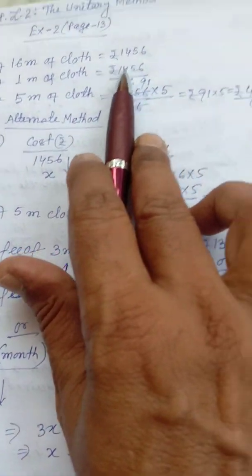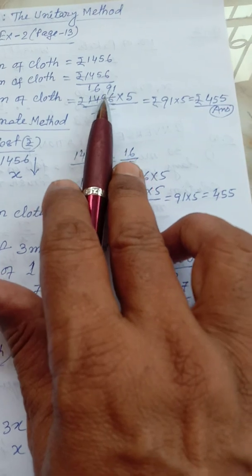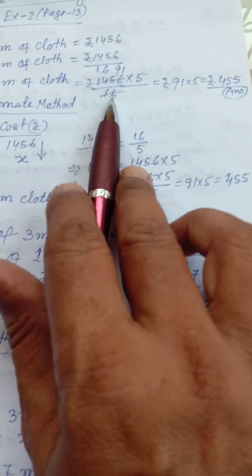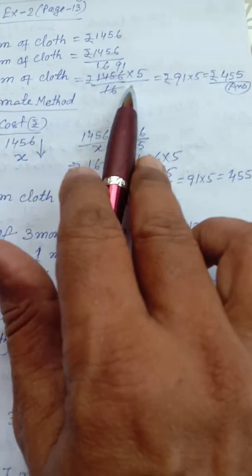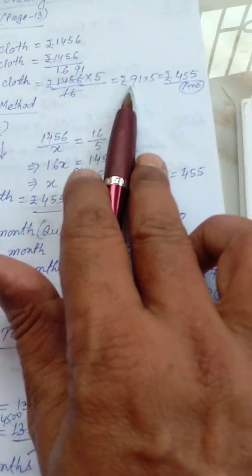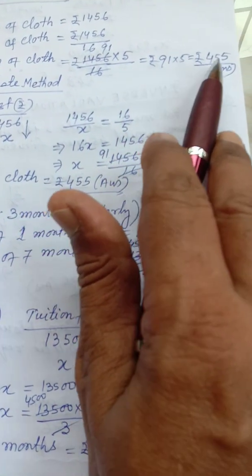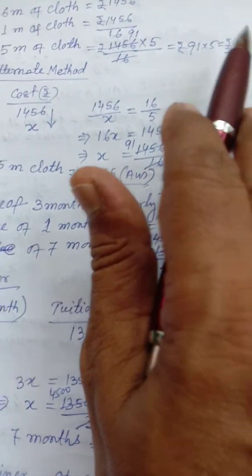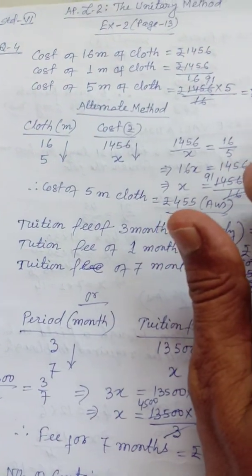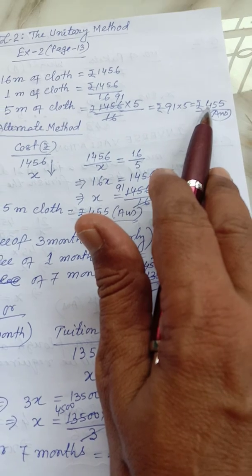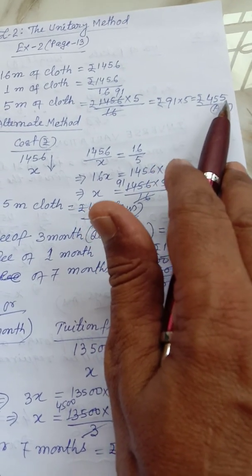So cost of 5 meter of cloth will be 1456 divided by 16, and now this 5 will be multiplied. If you simplify, 16 will go into 1456 and it will become 91. So 91 into 5 is equal to 455. So cost of 5 meter of cloth will be 455. That means to make that suit you need to pay 455 rupees.